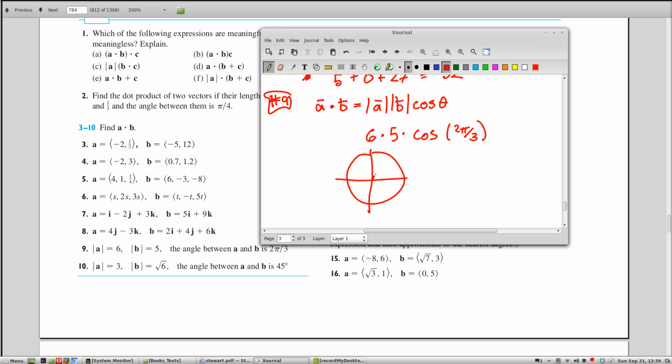So that's 1 pi over 3, and then 2 pi over 3 is going to be 2 of those, I guess.